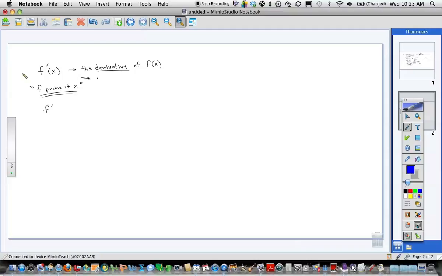We can also think of it as the slope, or let's say slopes of f of x. We can also think of it as the instantaneous rate of change of f of x. Those are all saying the same thing.